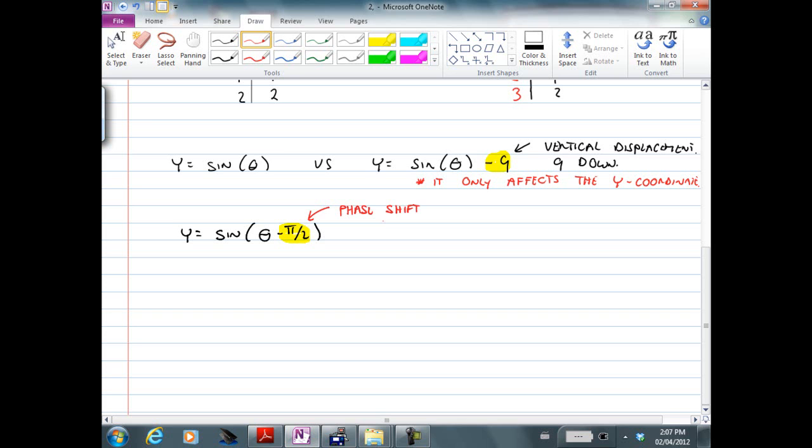In this case, shifts right. And the key behind this is this, put a star. It only changes the x coordinate. Because when you're talking about phase shift, it only changes the x coordinate.